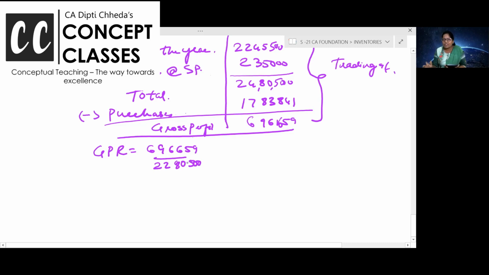Take inventory also at the selling price. Suppose whatever is purchased is sold. Then how much profit are you getting? This will give you the percentage of the profit. 696,659 divided by 24,80,500 into 100. How much are you getting?